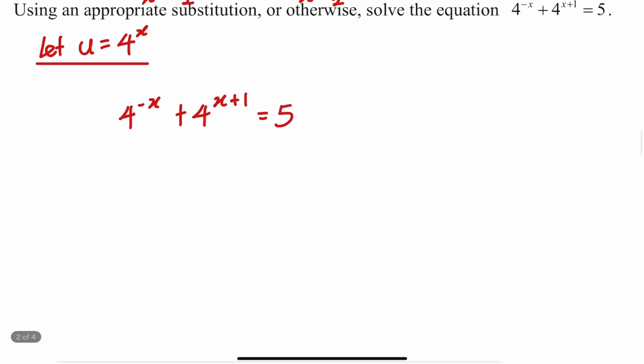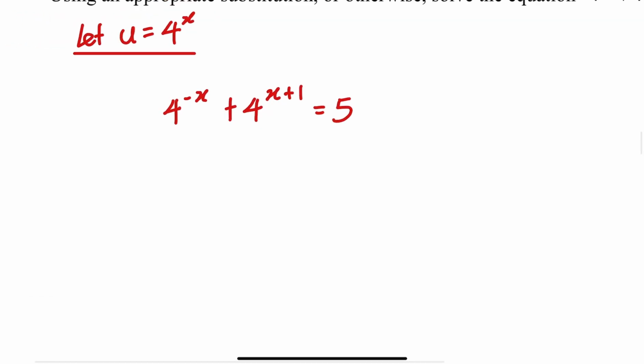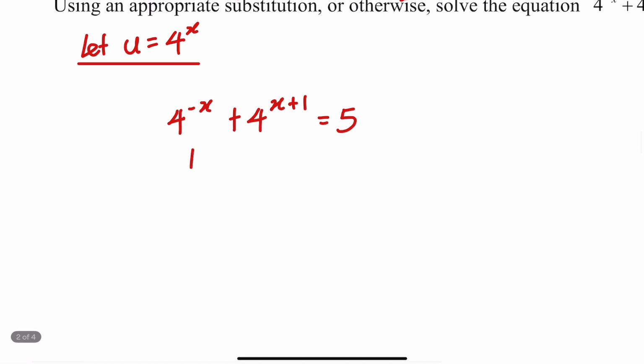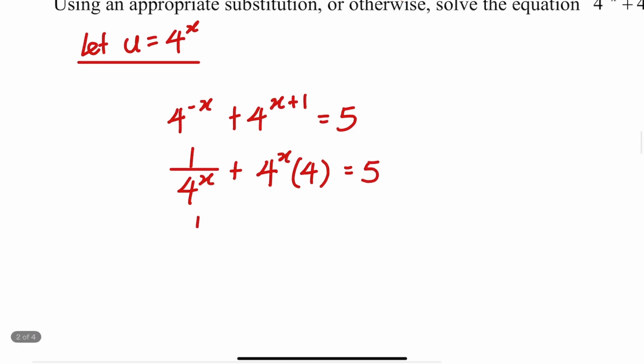I can see that 4 power negative x can be written as 1 over 4 power x, plus, here I can split apart by my laws of indices, this is 4 power x times 4, equals 5. Therefore, if I sub in my u now, I will get 1 over u plus 4u equals 5.